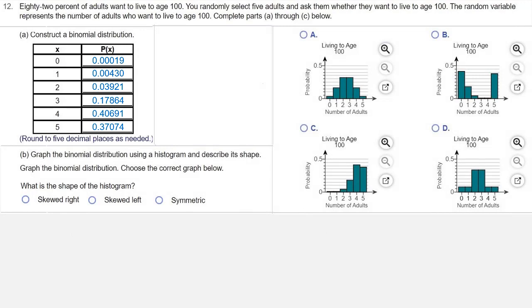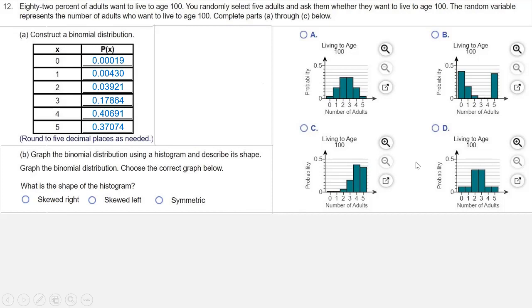For Part B, we're supposed to graph the binomial distribution using a histogram and describe its shape. So we have several different choices over to the right, and we want to be able to match up the values in our binomial distribution to the graphs that we see. In our distribution, the highest probability happens when x equals 4.